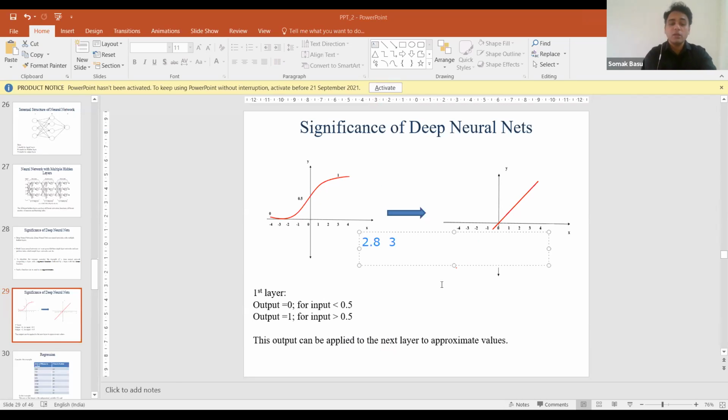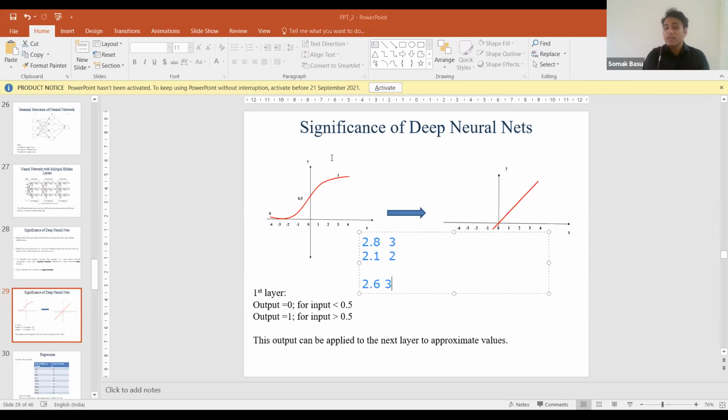If I give you 2.1, you'll approximate it to 2. If I give you 2.6, you'll again approximate it to 3. So if the fraction part is above 0.5, you'll approximate it to the next integer, and if the fraction part is less than 0.5, you'll approximate it to the previous integer.